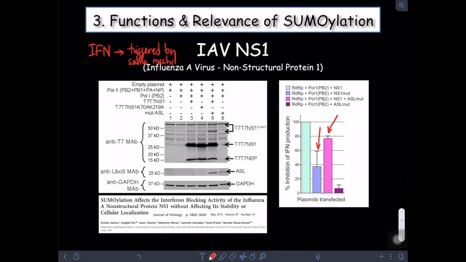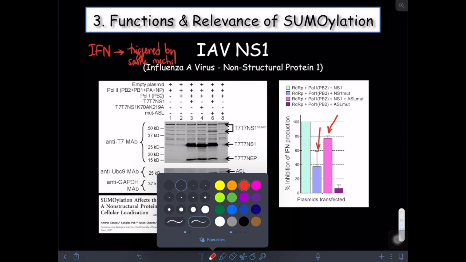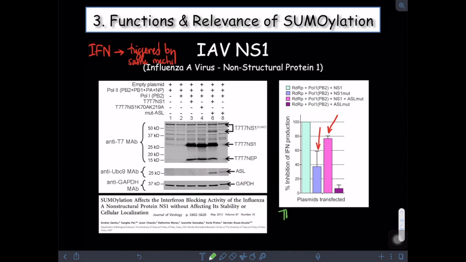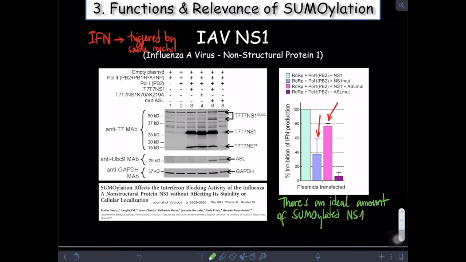This led us to postulate the conclusion that there is an ideal percentage of SUMOylated NS1 that is present in the cell during influenza A virus infection, and altering that ideal proportion of SUMOylated NS1 triggers negative effects on the ability of NS1 to modulate the production of interferon in the infected cell.